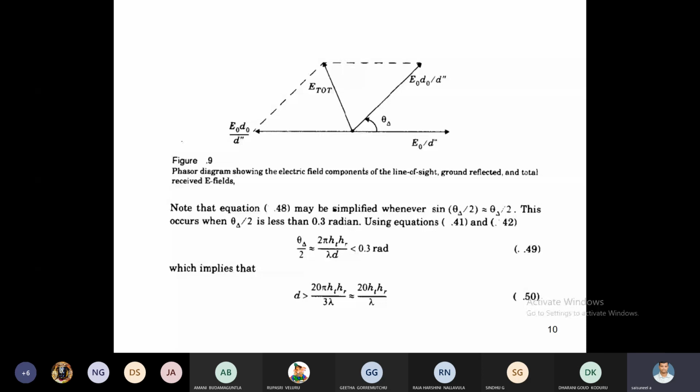Then we simplify: 2 E0 d0 by d, and in place of theta delta by 2 we use 2 pi ht hr by lambda d. To simplify, this is equal to k by d square. You know what my k value is? k is 4 pi ht hr E0 d0 by lambda.